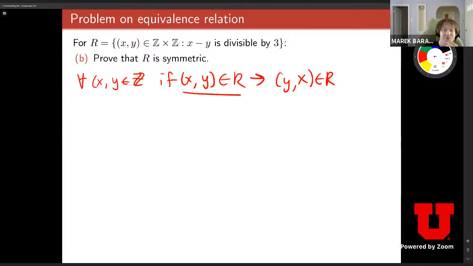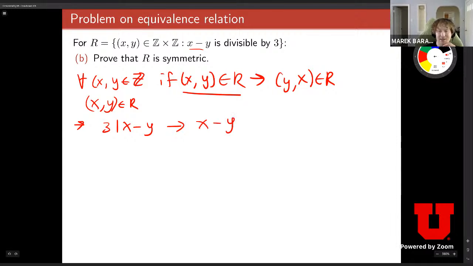So if x and y are in the relation, we'll expand that definition. That means that 3 divides x minus y. And if we apply the definition of divisibility by 3, we get x minus y equals 3 times m for some m in the integers.